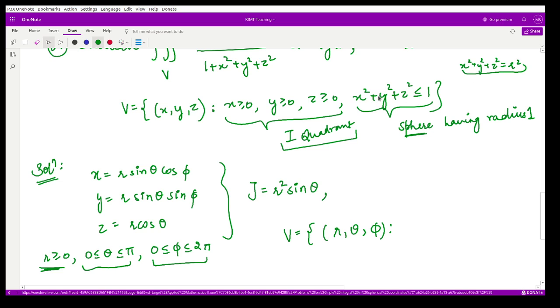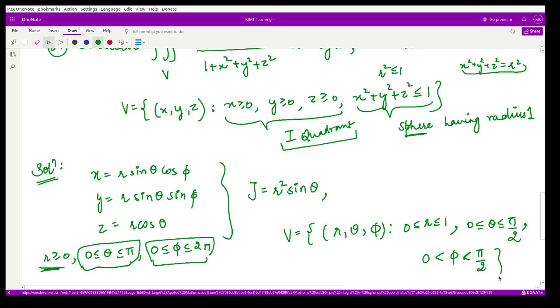Therefore this becomes r square less than or equal to 1. So r lies between 0 to 1, and the angles reduce to 0 to pi by 2 only. Why? Because now we are in the first quadrant. So the limits for theta and phi both start from 0 and end at pi by 2.